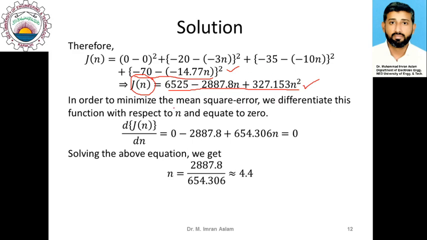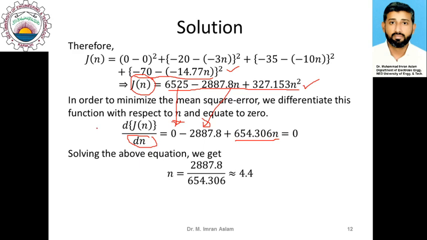In order to minimize that, we differentiate this function with respect to n. If you differentiate, you can see that the first term becomes 0. For the second term, the derivative of n is 1, and for the third term, the derivative of n square is 2n. So you will get 654.306n.